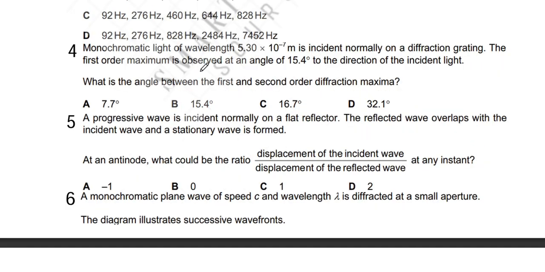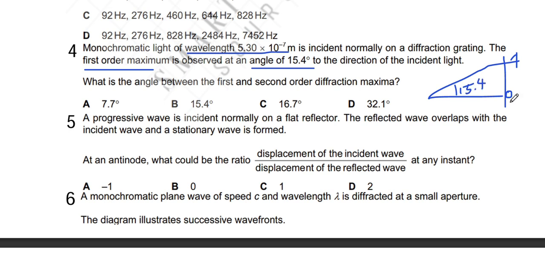Next question is about a monochromatic light which has a wavelength given. The angle of diffraction is given between the first order maximum, means this is 0 and this is the first order, this is the first order, so the angle between first and second is given as 5.4, and this is the first order obviously.